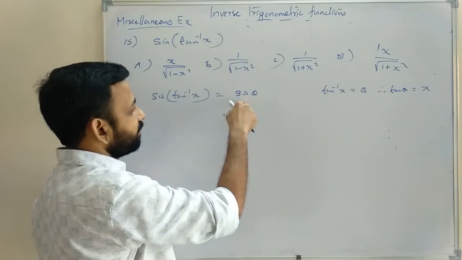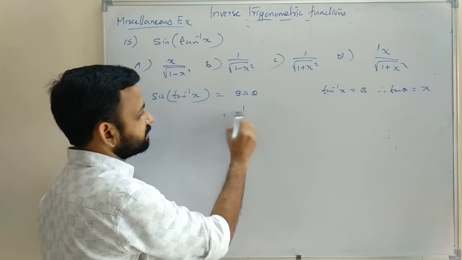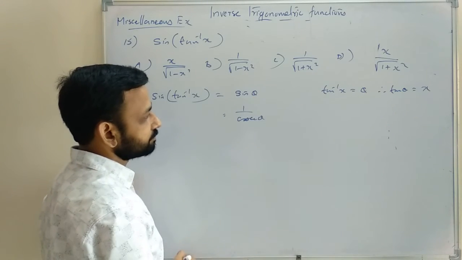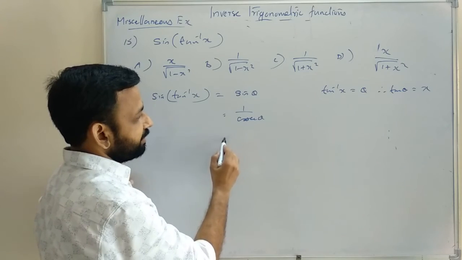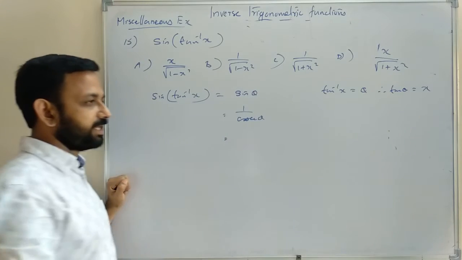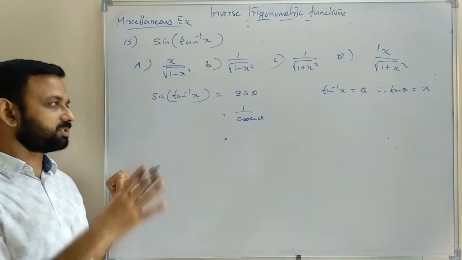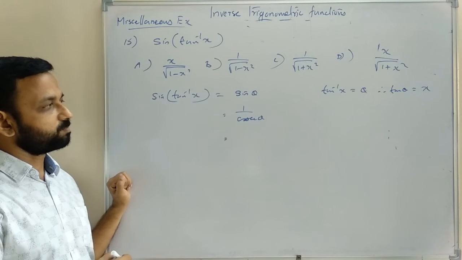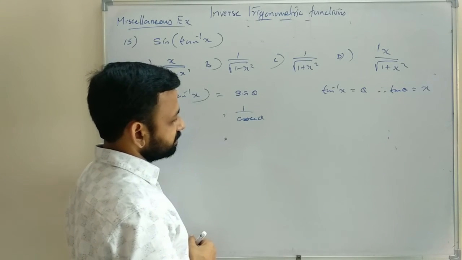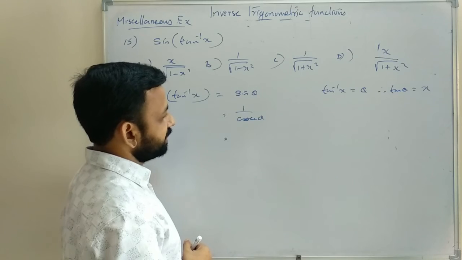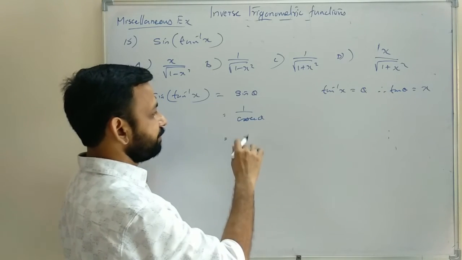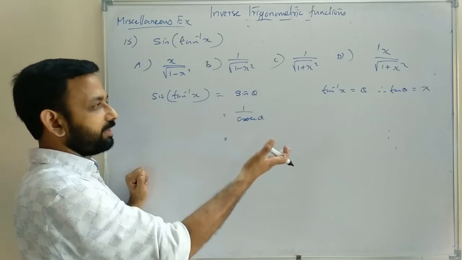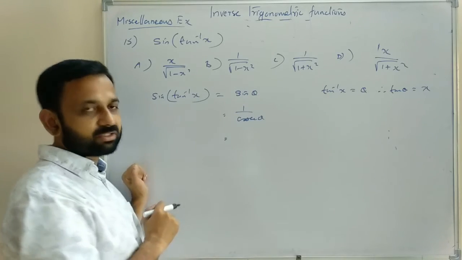If you want to get that form, sin theta we can write as 1 by cosec theta. Then we can convert cosec theta using cosec square theta minus cot square theta is 1. If you reduce it into cot square form, then we can reduce it into tan square form.